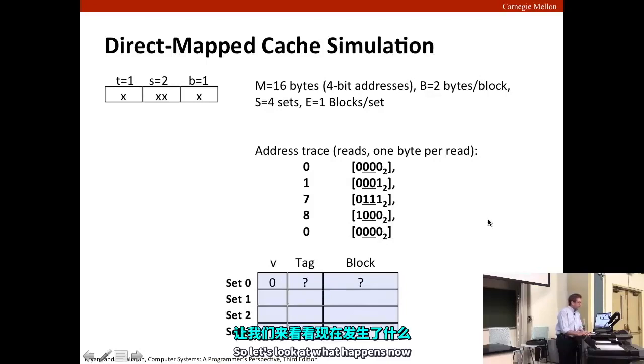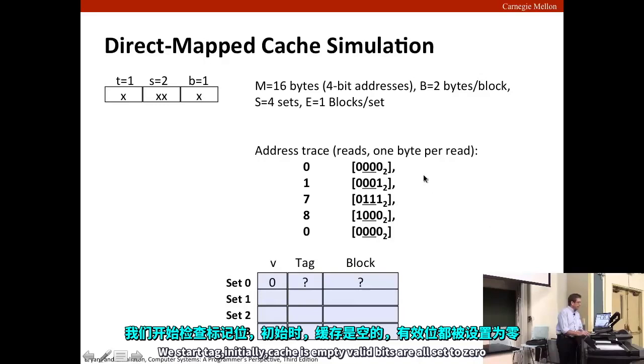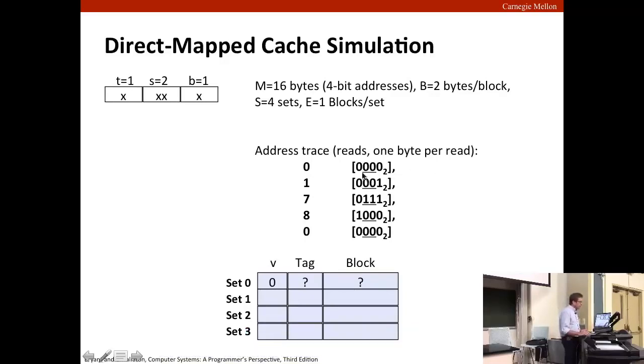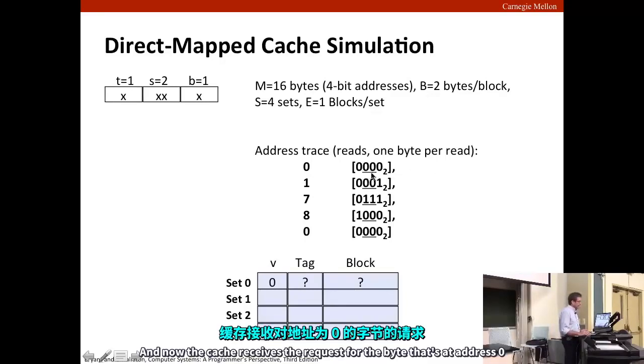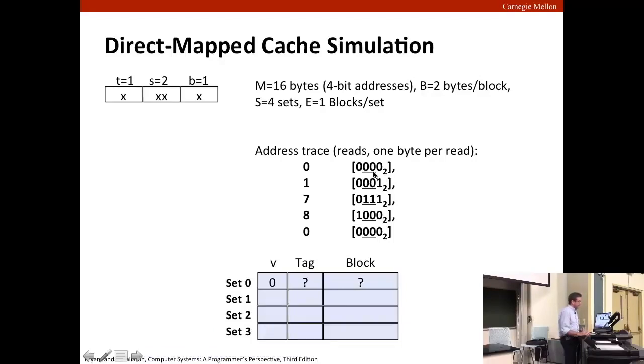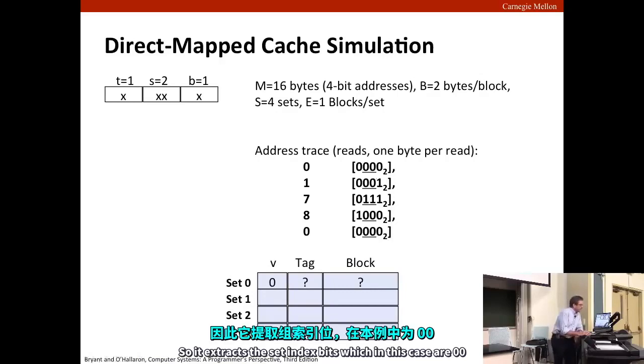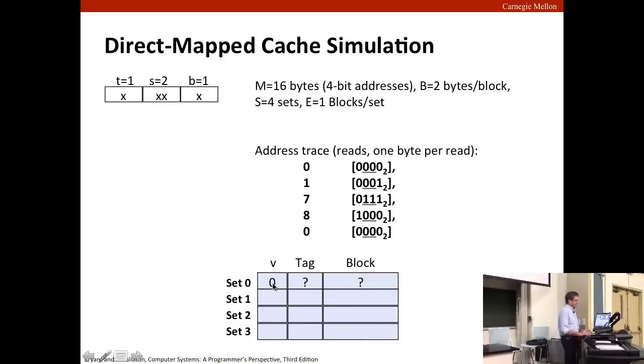So let's look at what happens now. We start out with our cache initially empty. Valid bits are all set to 0. Now the cache receives a request for the byte at address 0. It extracts the set index bits, which in this case are 0, 0, so it's going to look in set 0.